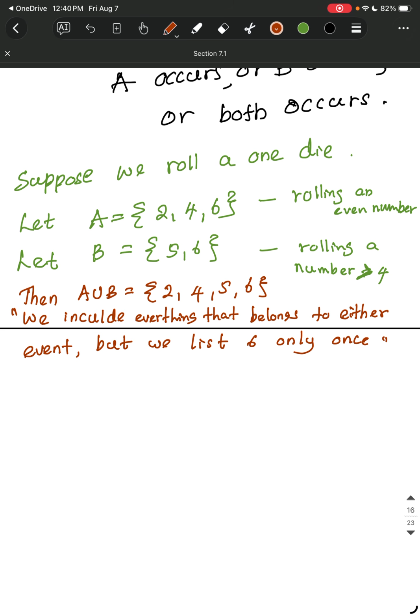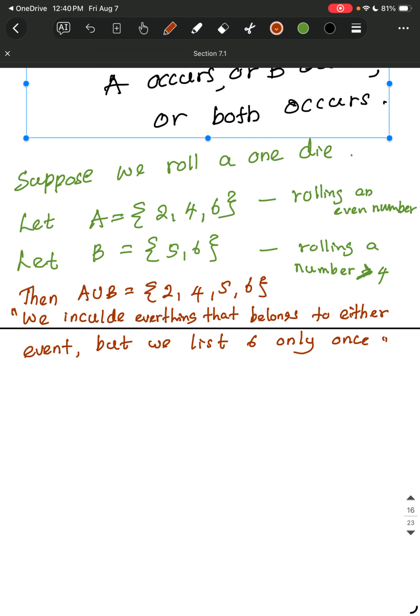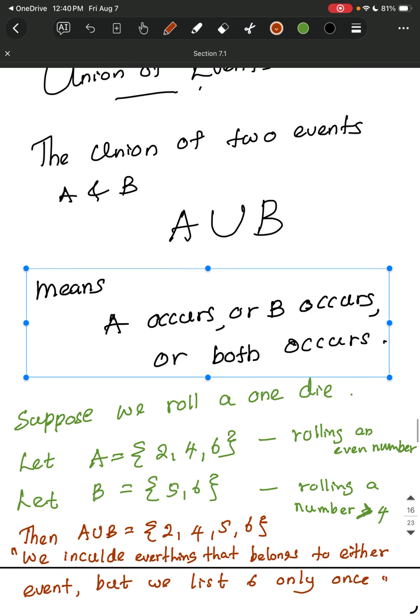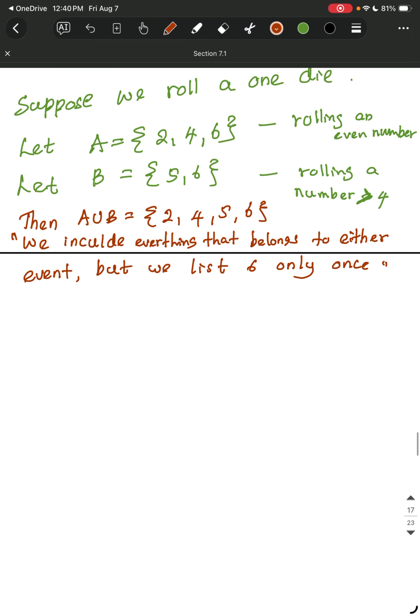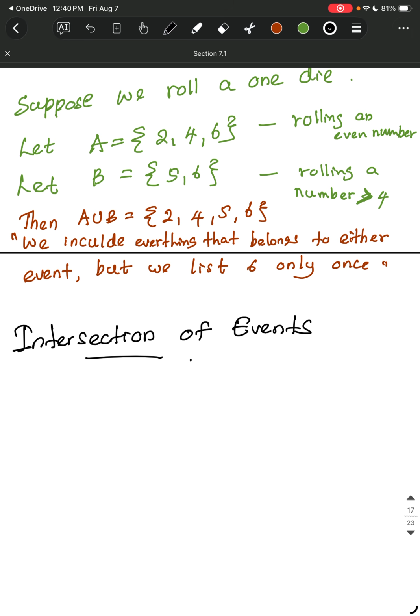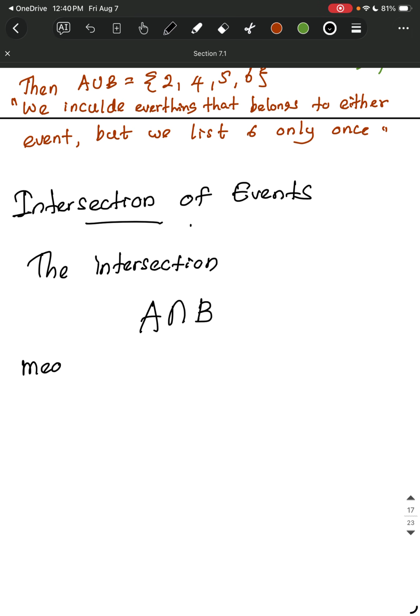Second, intersection of events. The intersection of events A and B, A intersection B, means A and B occur together.